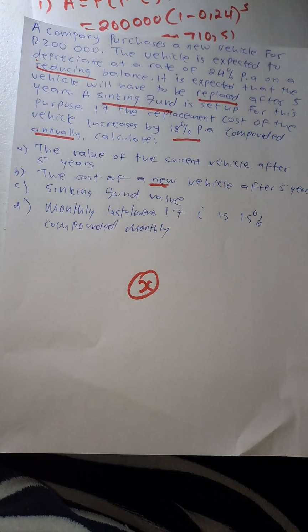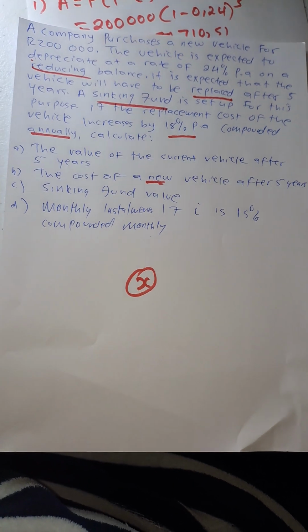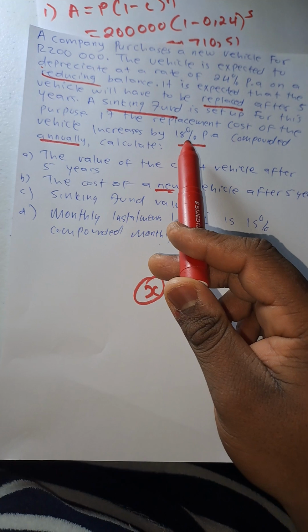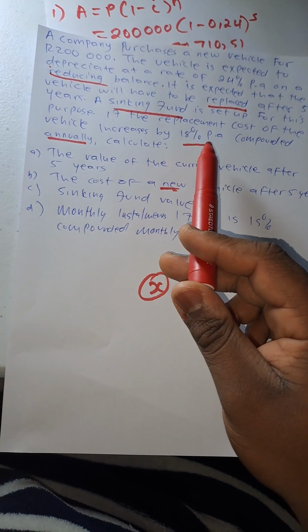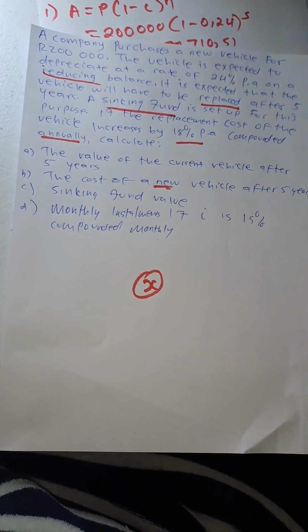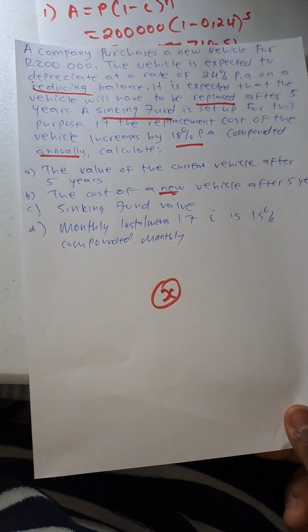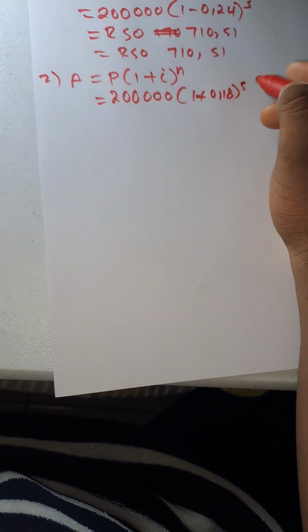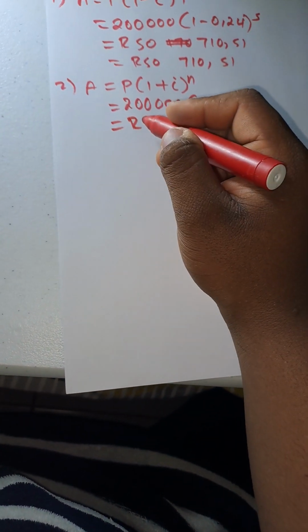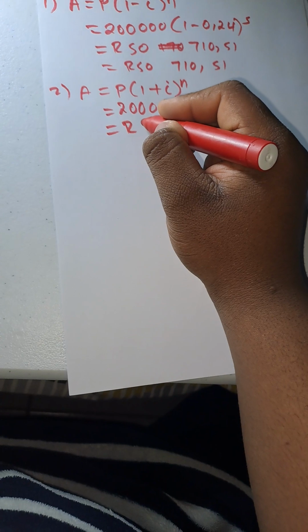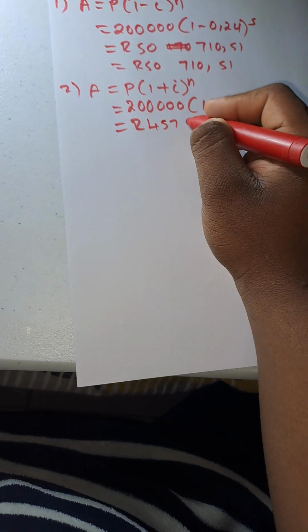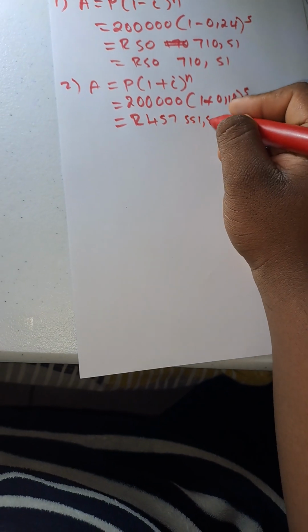Remember what I said about the sinking fund? If you don't understand it, there's a video about sinking fund there. As you can see there, it is 18%. If the replacement cost increases by 18%, you're simply going to write 0.18 there, because it was also compounded annually. 5 years now, and this is what the cost is going to be: 457,551.55.